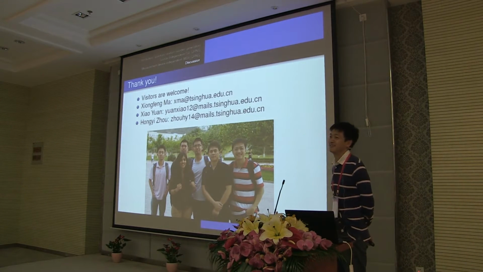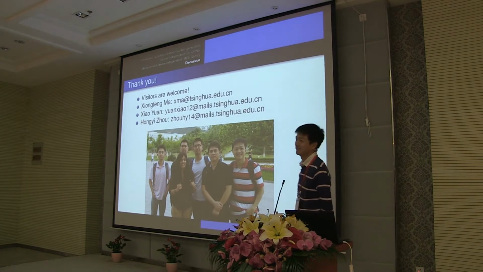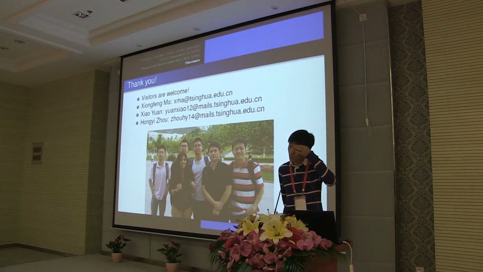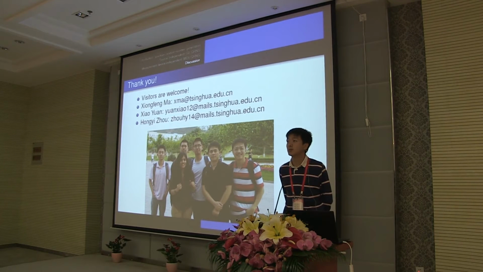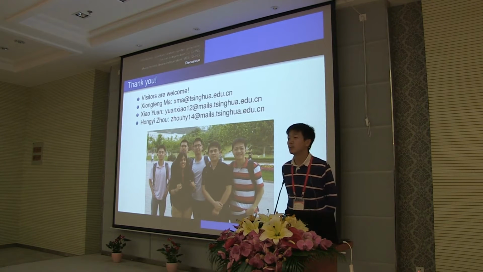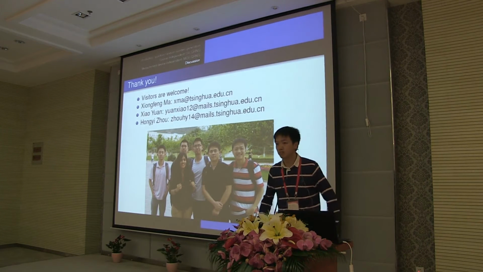Your untrusted source quantum random number generator, do you assume the source is untrusted but honest, or do you assume the source is untrusted and evil? Oh, it can be evil. So you can go and control your detectors or do some hacking attacks.